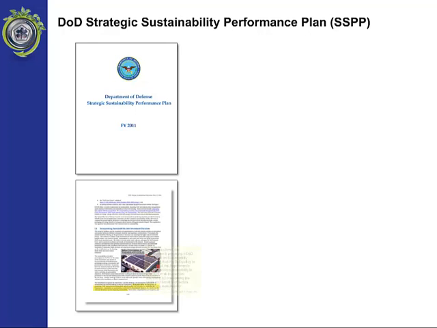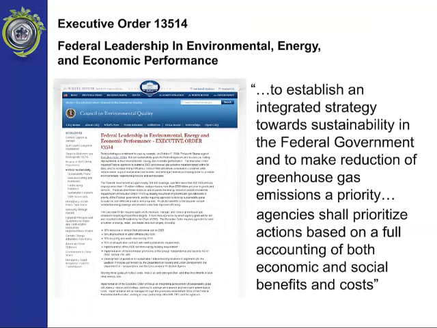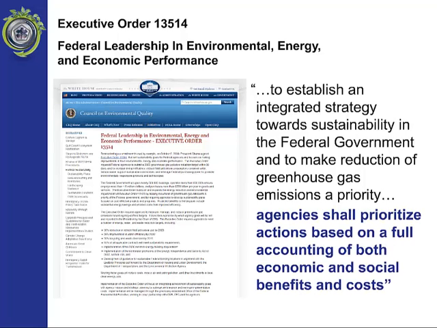The plan states, "At the policy level, the department is preparing a DoD instruction on sustainability, specifying that it is DoD policy to ensure that the department's commitment to sustainability is reflected in all investment decisions by considering the costs and benefits of factors impacting sustainability." The SSPP's bottom-up approach is in accord with Executive Order 13514, which directs agencies to prioritize actions based on a full accounting of both economic and social benefits and costs.